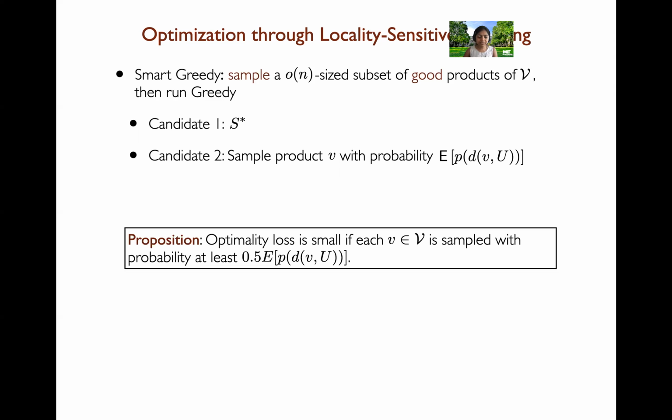We formalize this notion in our paper, and we show that the optimality loss is small if each product is sampled with probability at least 0.5 times the reward that the user gets from it. So if you construct a subset of products by sampling each product in this manner, and optimize only over that by running greedy, then the optimality loss is small.